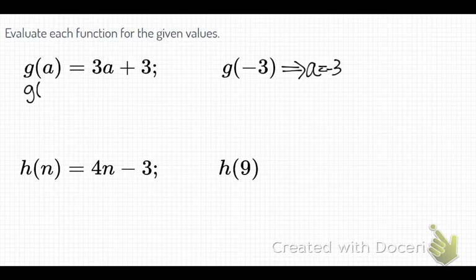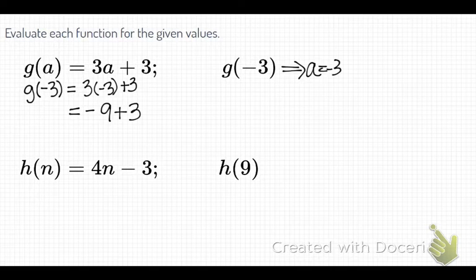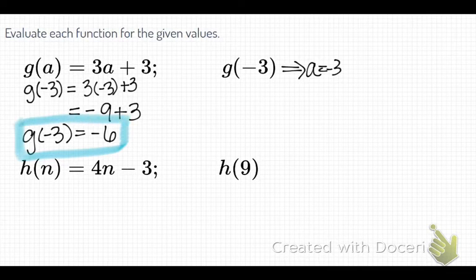So g of negative 3 equals 3 times negative 3 plus 3. You should all have this written down. 3 times negative 3 is negative 9, plus 3. What is my final answer? Negative 6. Do we get that?